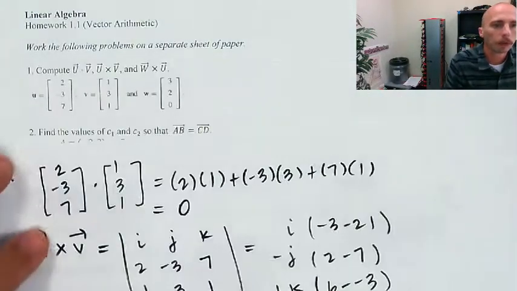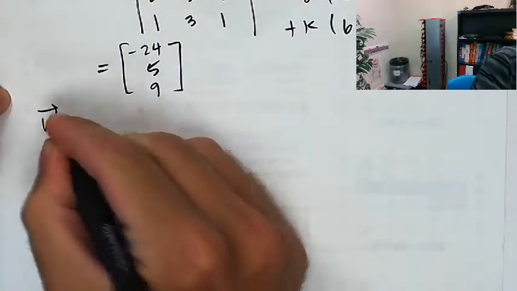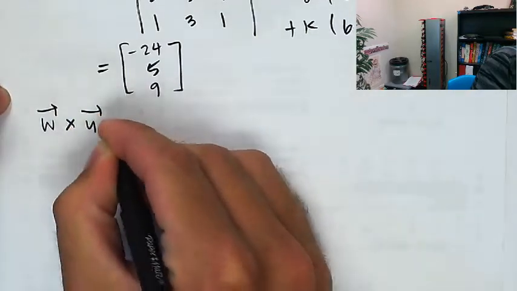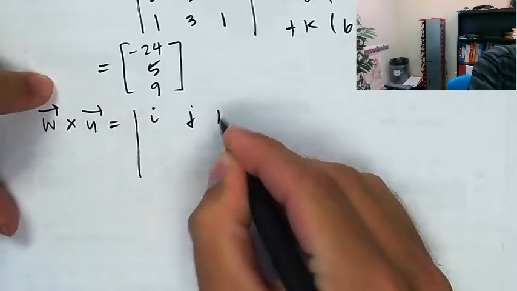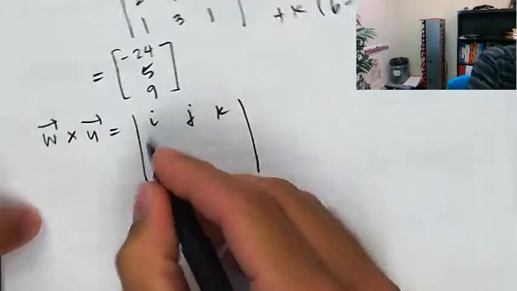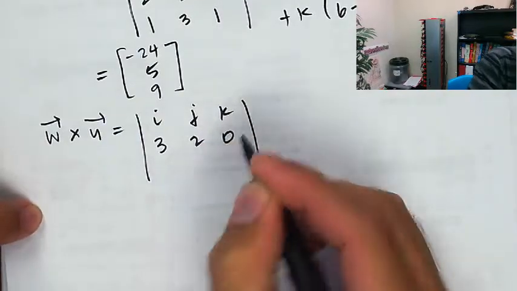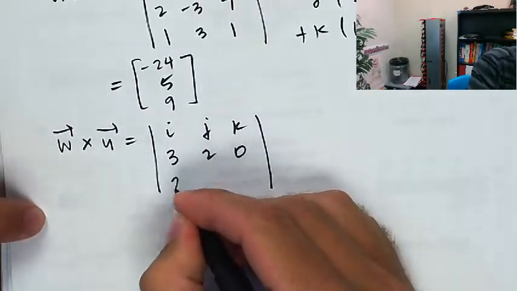All right, now let's cross w by u. Okay, w cross u. I'm going to set up the same way, i, j, k. I have to see what w was, 3, 2, 0, by u, which was 2, negative 3, 7.